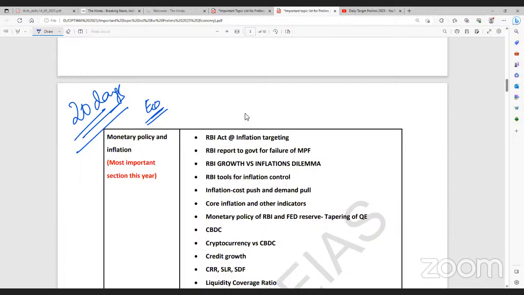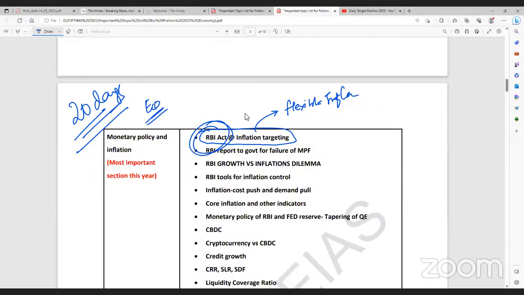So guys, the most important topic this year from the monetary policy part will be the RBI Act and inflation targeting. Please do prepare flexible inflation targeting, which was introduced after the amendment of the RBI Act.